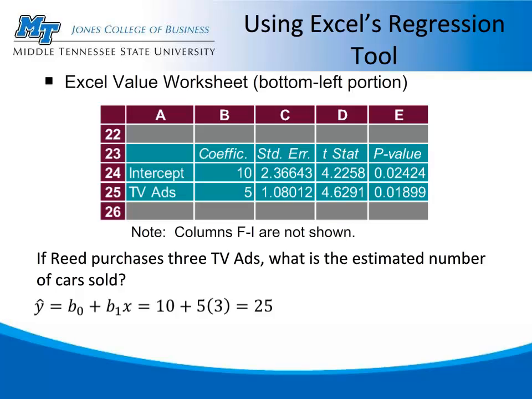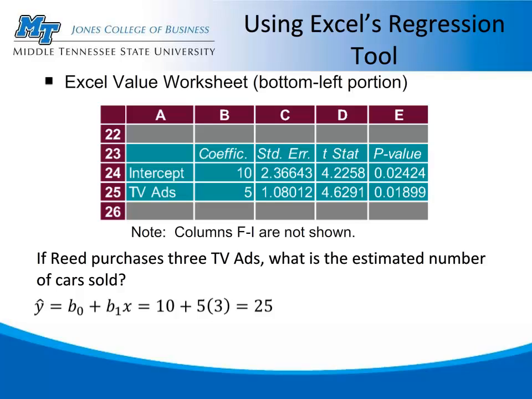At the bottom of a basic regression, you have the coefficients table. Intercept just means the y-intercept. And if you look at the coefficients column, in this case it's in column B, the value is 10. So the value of the y-intercept is 10. The value of the slope is right below it.